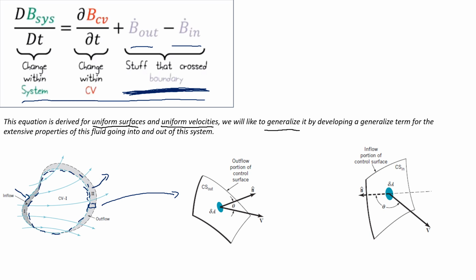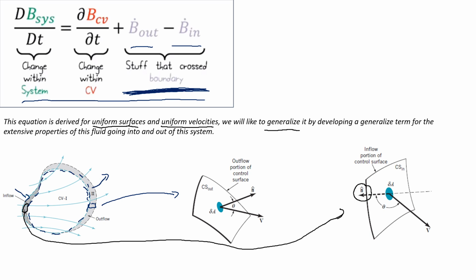Now I am taking a surface here and I have magnified it and drawn it here. So again I am taking a small control area, that is my delta A. I am representing the inflow area, so the unit normal will now be directed inwards, because I am talking about inflow.